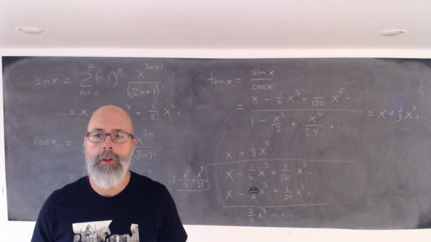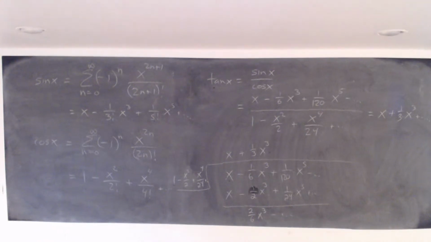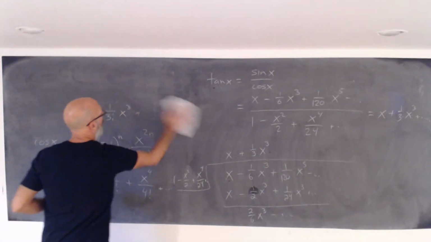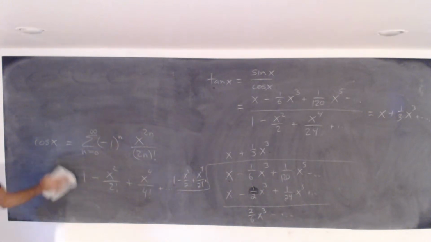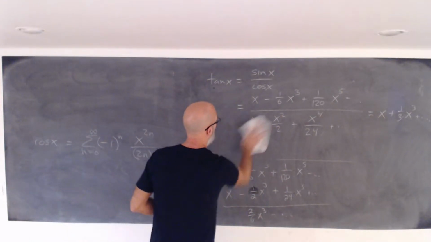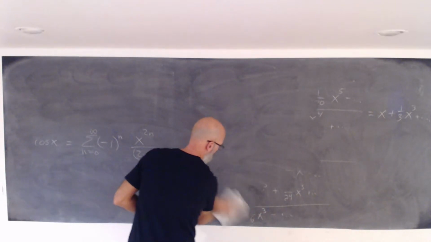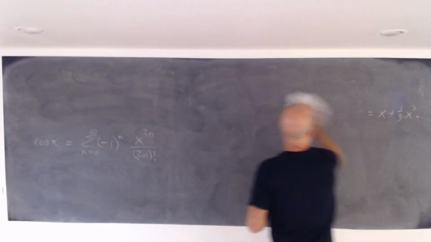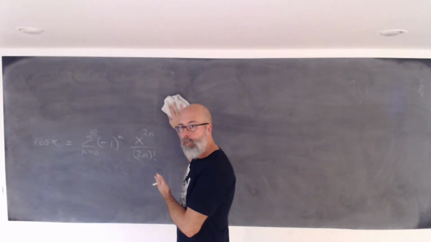We are looking for the Taylor series of cosine at pi over 3. You could do something with this.